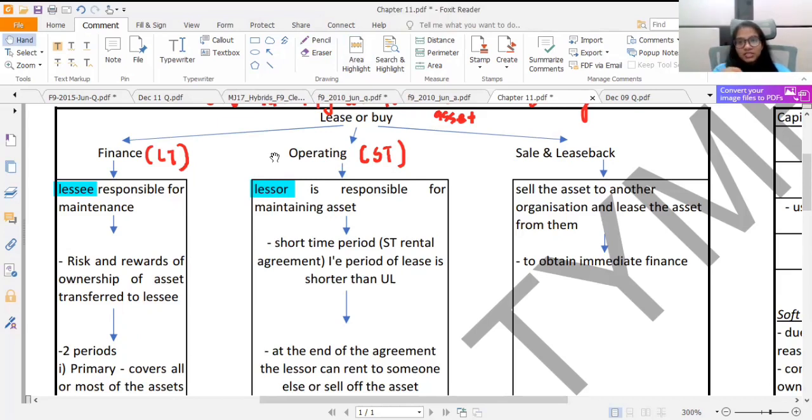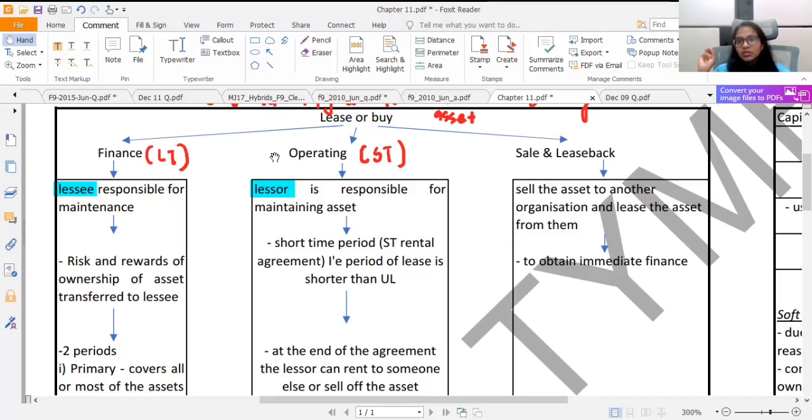Now, besides that, since you are now the acting owner, using the asset for a long period of time, what you need to understand is that all risk and rewards relevant to the asset will be transferred to you as a lessee.